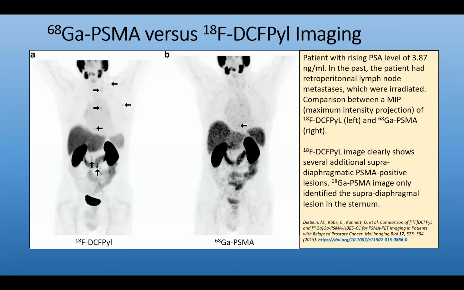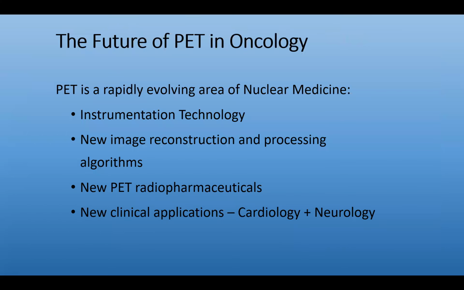So just to finish up, the future of PET in oncology, as you know, PET is a rapidly evolving area in nuclear medicine. There's changes in instrumentation technology all the time, new image reconstruction processing algorithms, software developments, a number of new PET radiopharmaceuticals, lots of research and clinical trials going on.